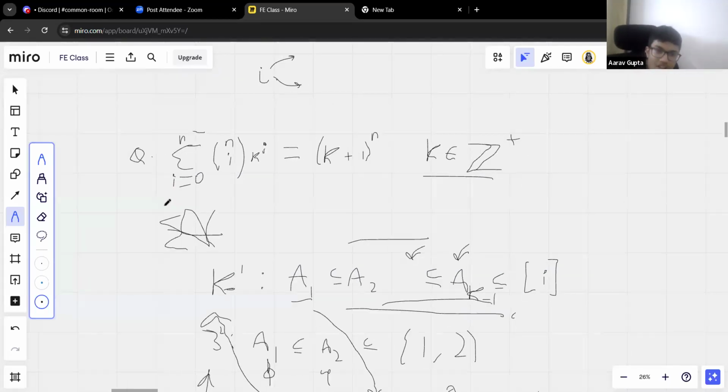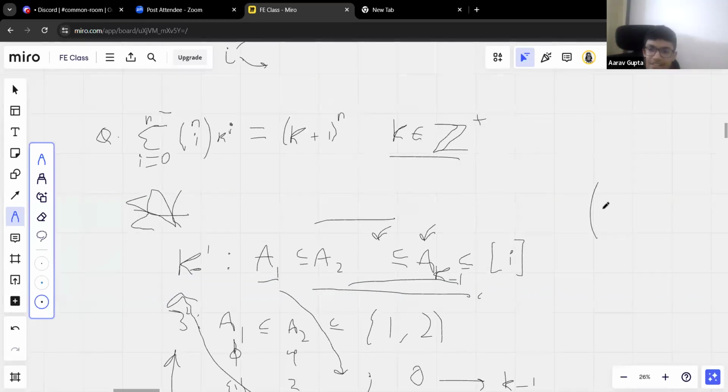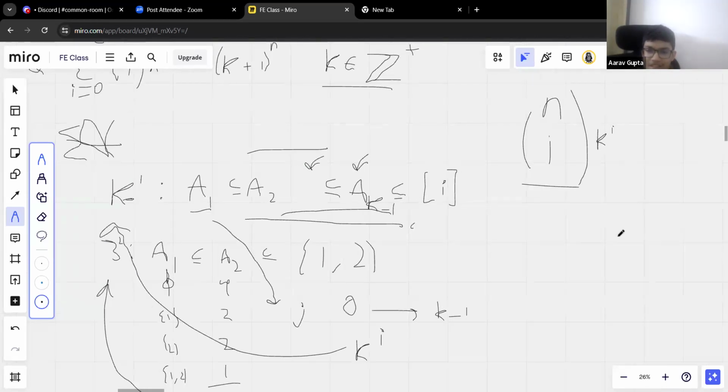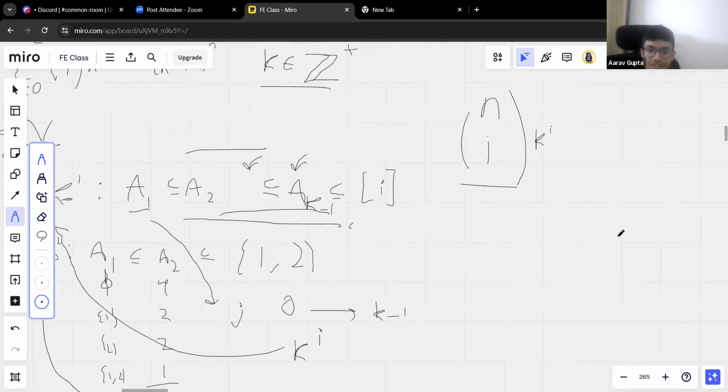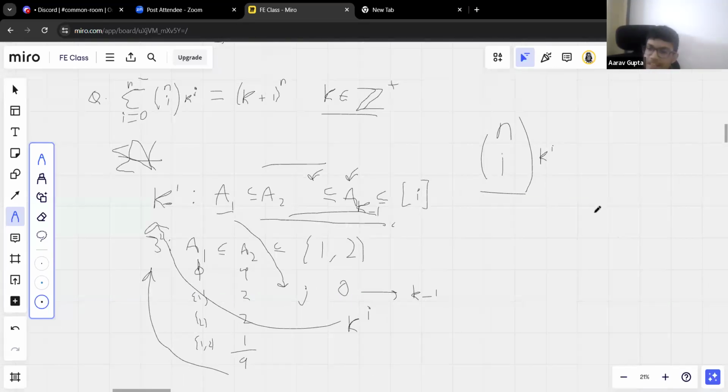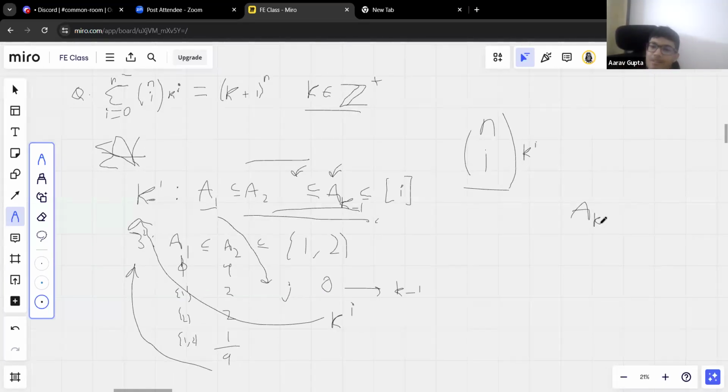Okay, so now what is n choose i into k to the power of i? In n choose i, you choose some set. Let's just call it A sub k. You will get why I'm calling it A sub k, not A sub 1 or something, when I'm done with my argument.